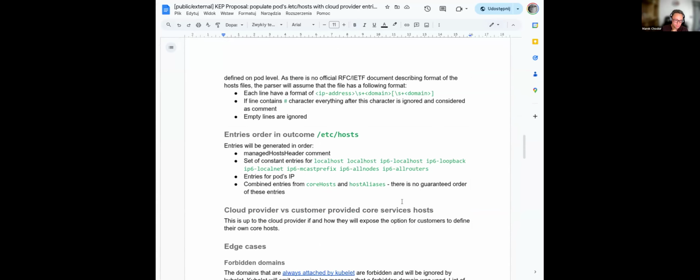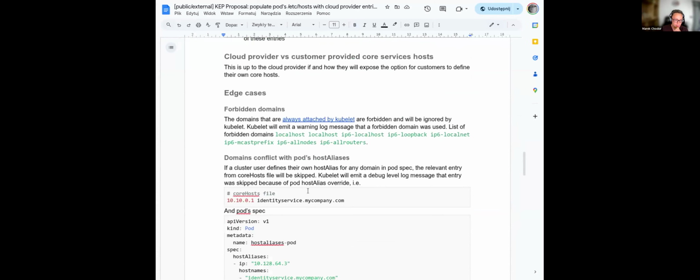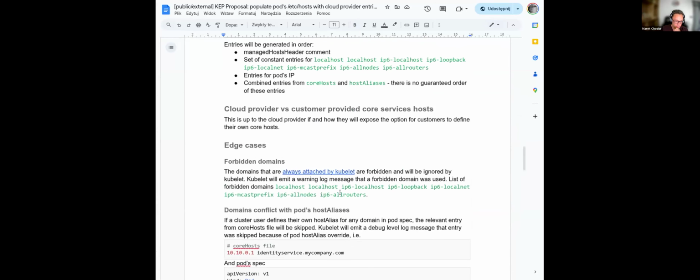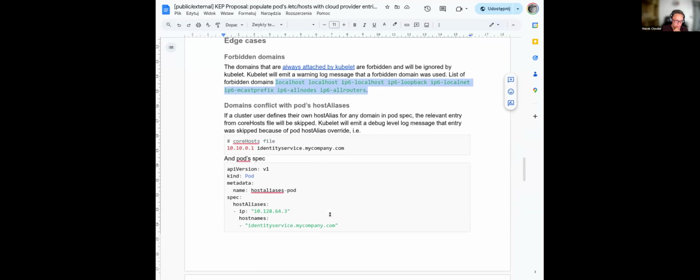What's important is that we will forbid defining IP addresses for the domains that are managed by kubelet itself. So actually every local host address and what's listed here. Another edge case is that we actually allow customers to override DNS name.